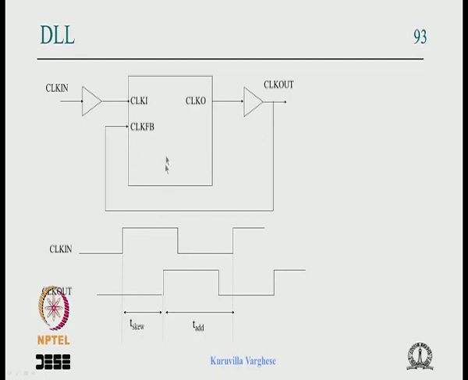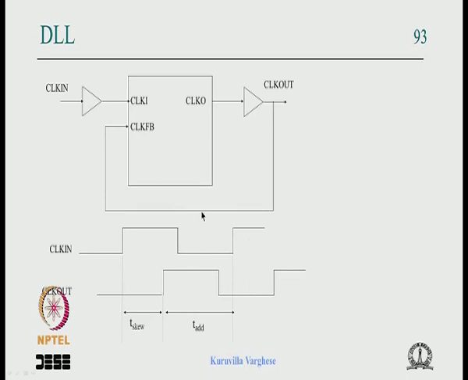So what does the DLL do? You have a clock input and assume that the clock output is skewed by some amount. It cannot bring anything back, but suppose this is a clock period and there is a skew, what it does is that the input is further delayed by the clock period minus skew, so that this edge gets synchronized with this edge, so that the relative skew is removed.